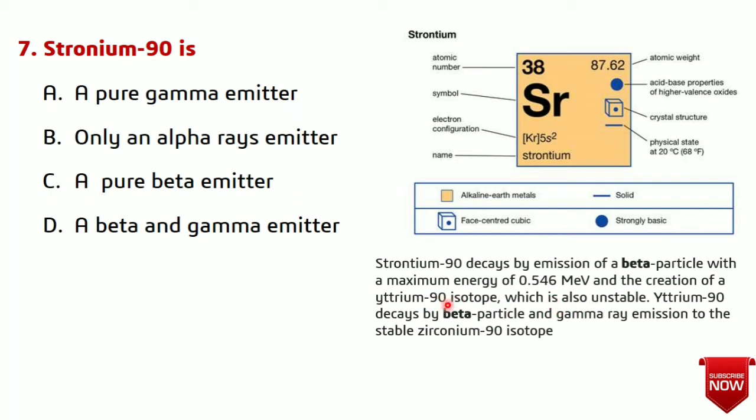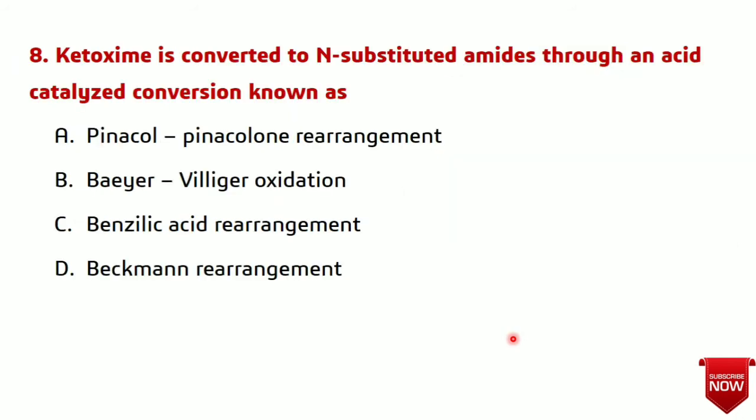This yttrium again decays by beta particle and gamma ray emission, giving the zirconium 90 isotope. So this is the decay process for strontium 90 to yttrium 90, yttrium 90 to zirconium 90. So the answer is it is a pure beta emitter.